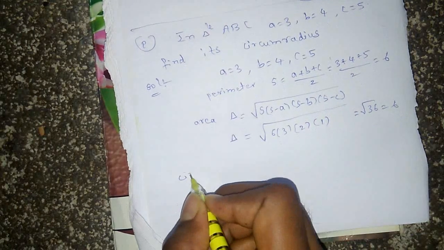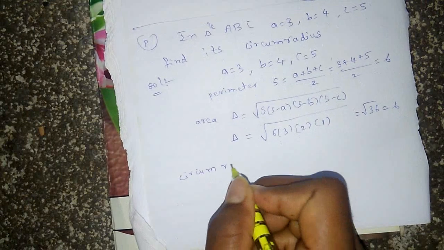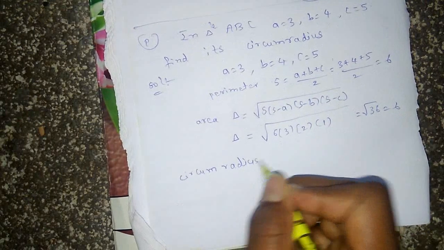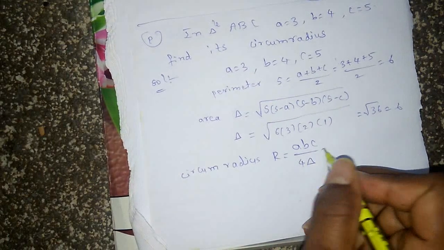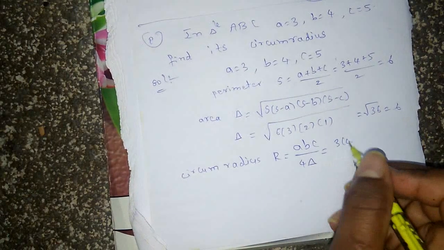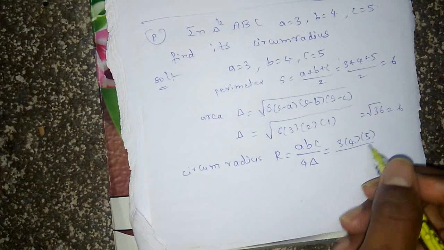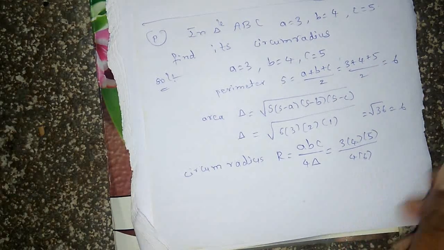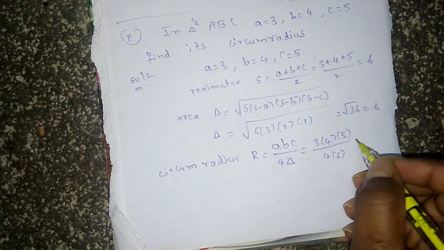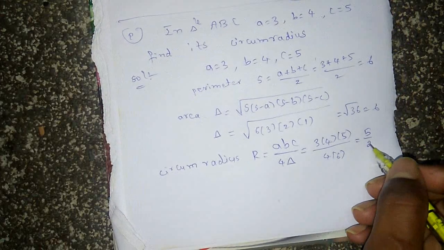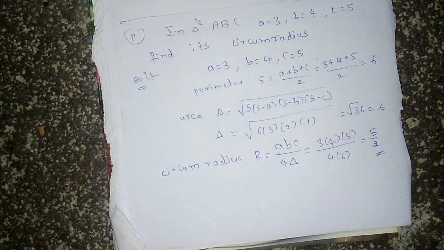Now circumradius capital R is equal to abc by 4 delta, that is 3 into 4 into 5 by 4 into 6. This is 3 4s are 12 by 24, that is 1 by 2, that is 5 by 2 is the circumradius capital R.